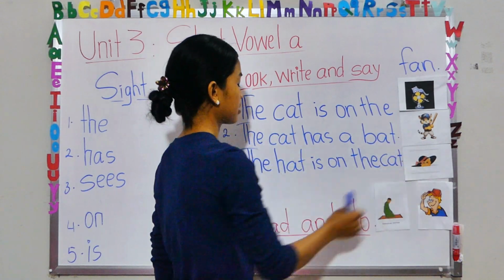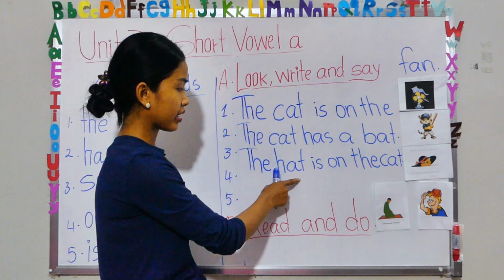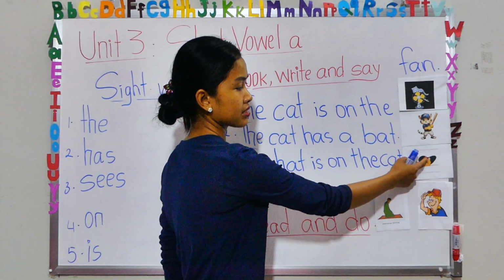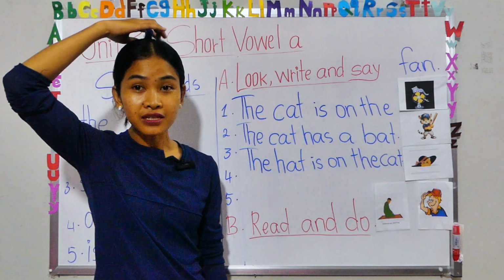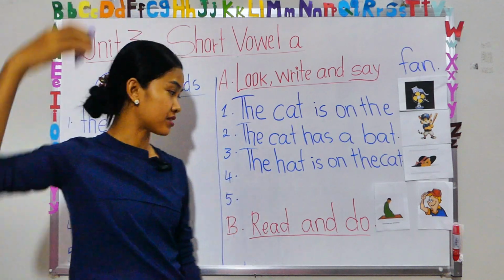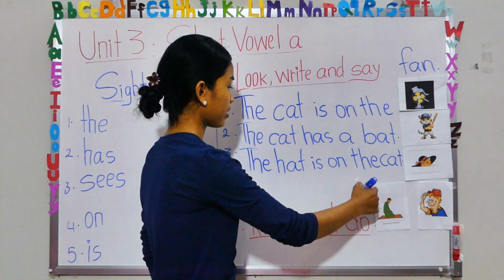The hat is on the cat. The hat is on the cat. The marker is on my head. It's on my head.